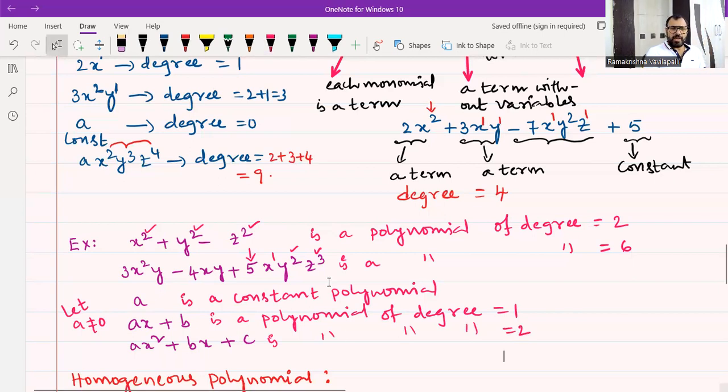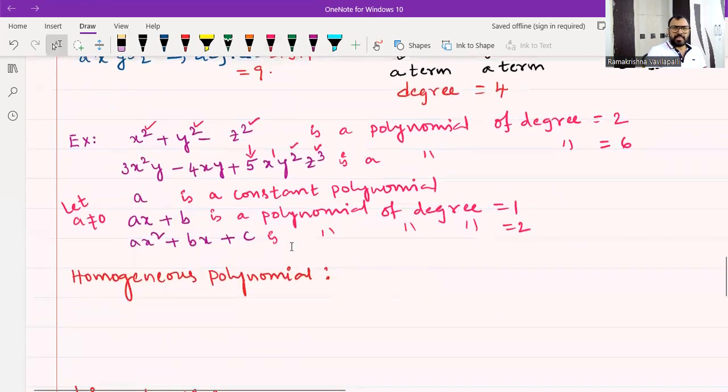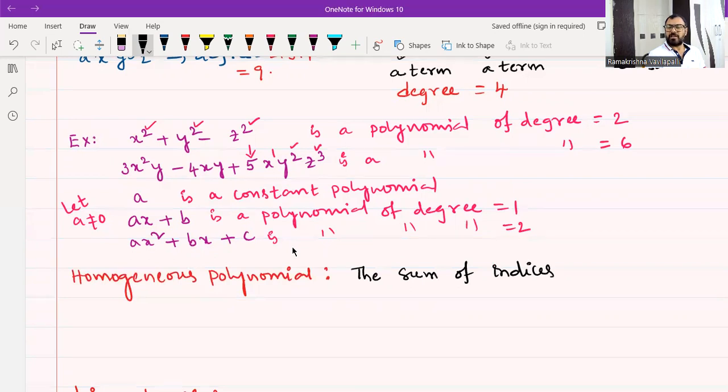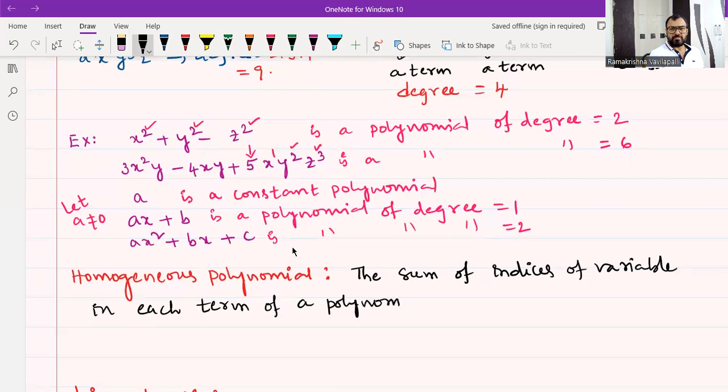Now, what is a homogeneous polynomial? The sum of indices of variables in each term of a polynomial must be the same.